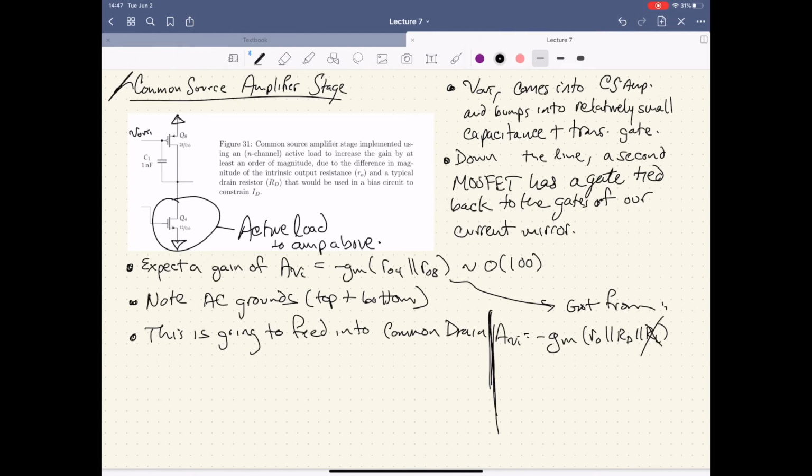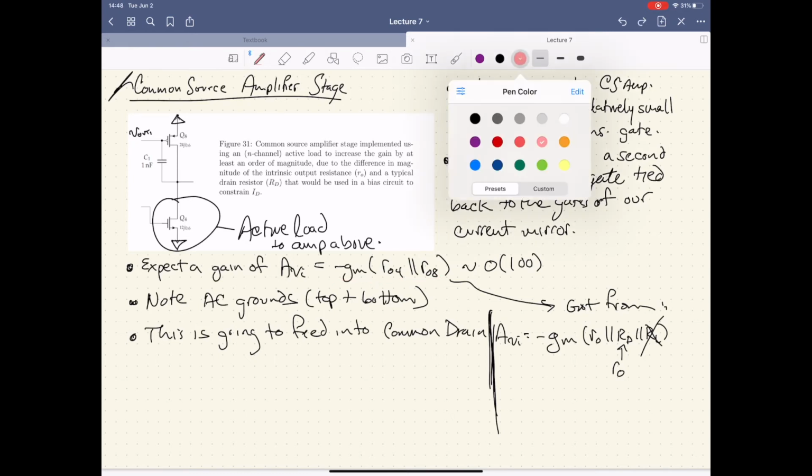And our RD here is just replaced by another RO. So it's just effectively two of these ROs in parallel. If these are the same batch of transistors, they are roughly equivalent to each other. We have different types here, obviously, but you get the idea for the K value. Then we're going to end up with that equation that we have here.